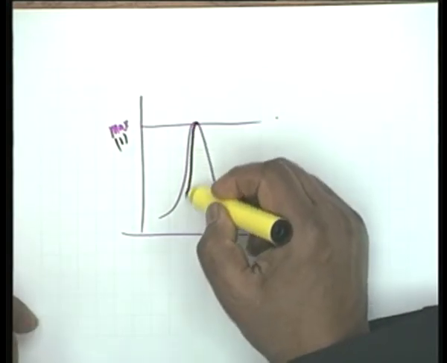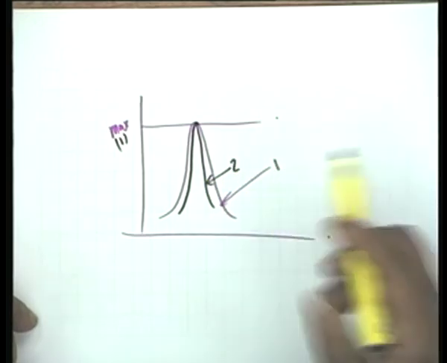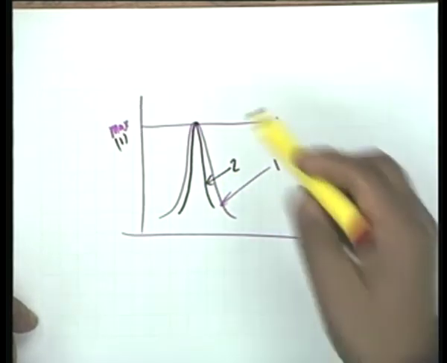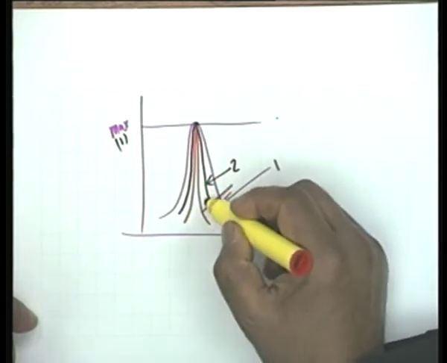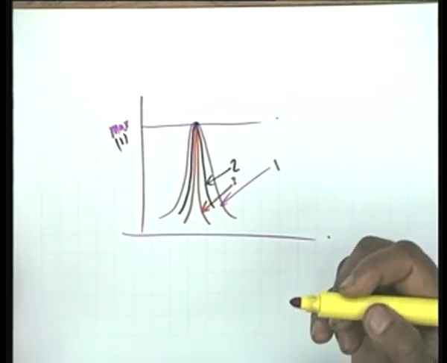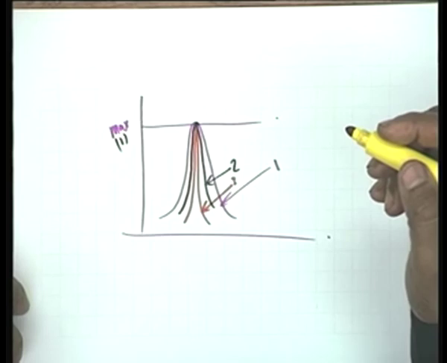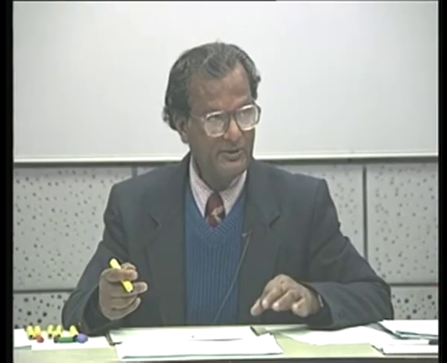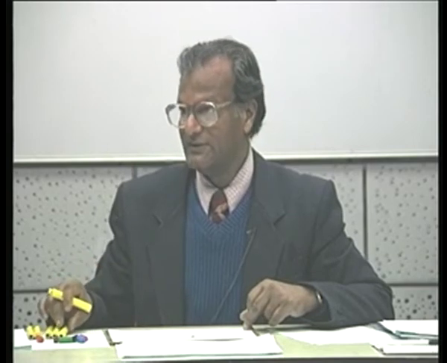So, with two such circuits I shall get a sharper response, and if I connect another circuit now, I will get a still sharper one. So, this is a way of getting sharper selective responses or narrower bandwidths. You see, the bandwidth goes on decreasing, isn't that right?